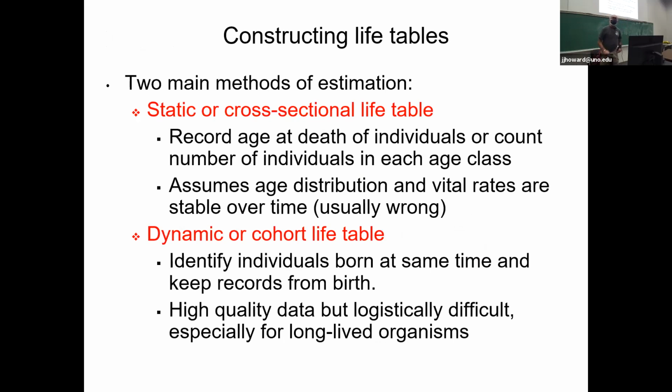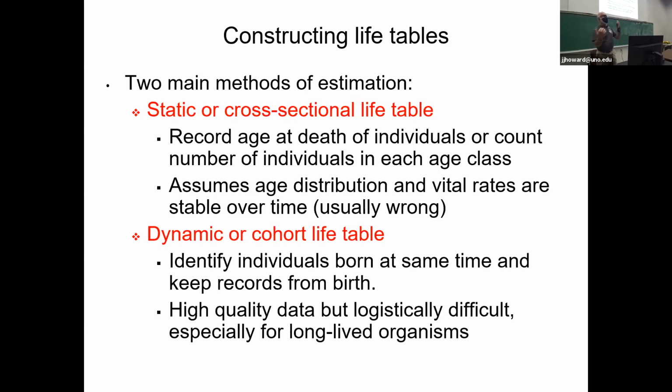So let's talk then about the types of life tables that we actually have. There are really 2 types. And the first one is the static or cross-sectional life table. That's an easy one to get because all you do is either record the age of death of a bunch of individuals, and you can do that by, say, looking at skeletons, or you can just take a sort of a snapshot in time of a population and ask, well, at this instant in time, how many newborns are there?